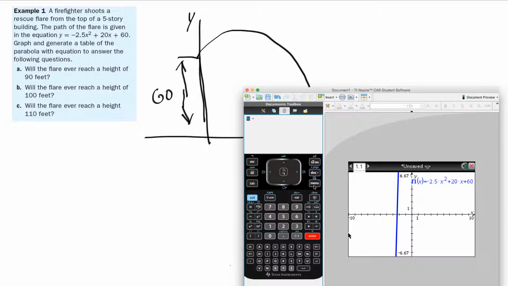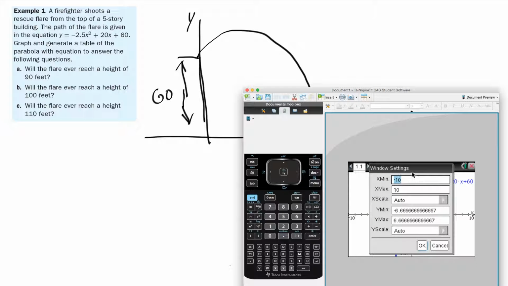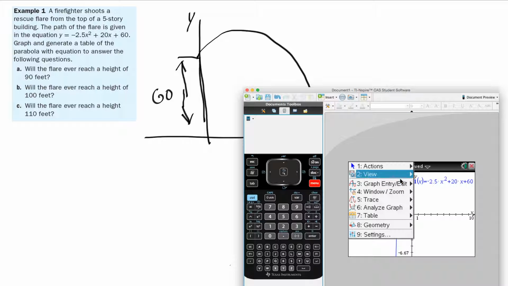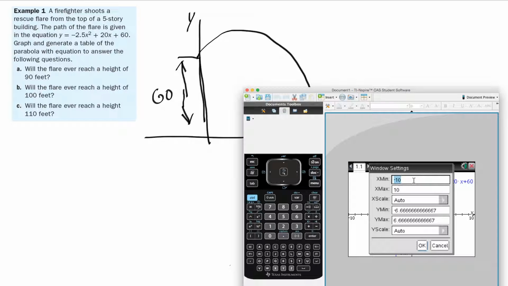I'm going to use that to help me with my window. I'm not sure how far out I'm going to go. I'm assuming I'm going to go pretty far out in the x direction. So for x minimum, I'm going to go with 0. X max, for right now, I'm going to make that 100.